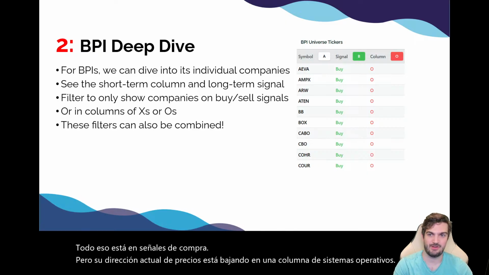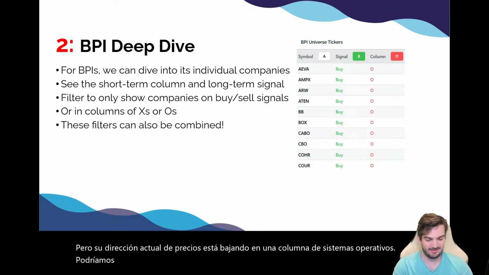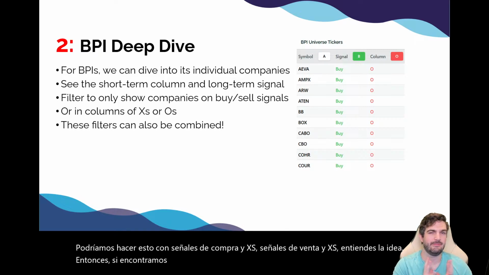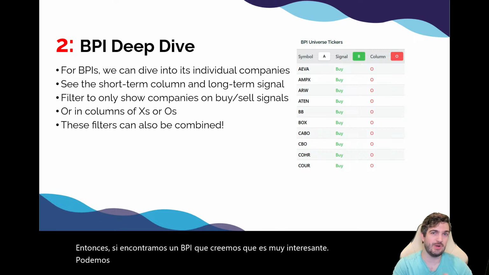We could do this with buy signals and X's, sell signals and X's. You get the idea. So if we find a BPI that we think is very interesting, we can get a better idea of which companies are doing what.